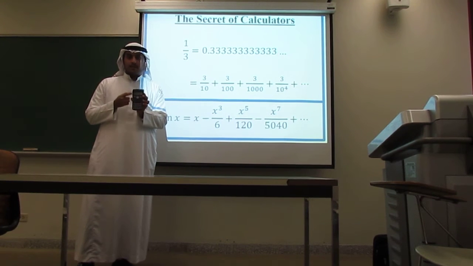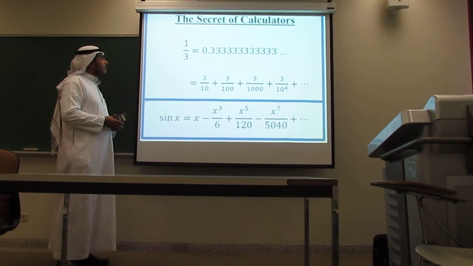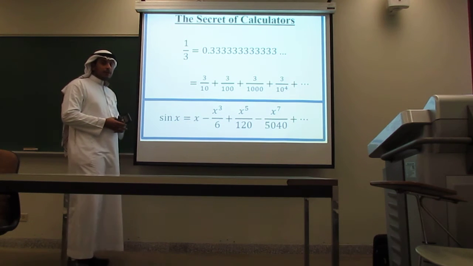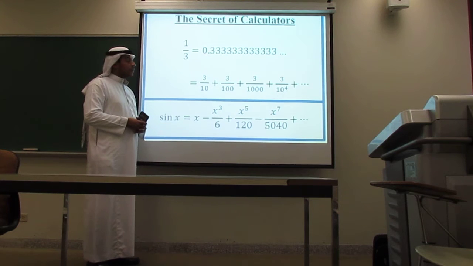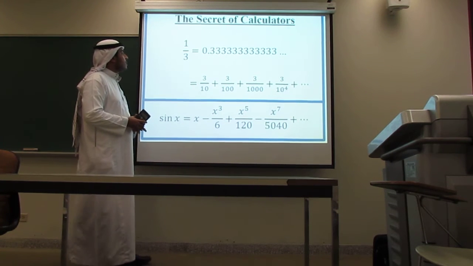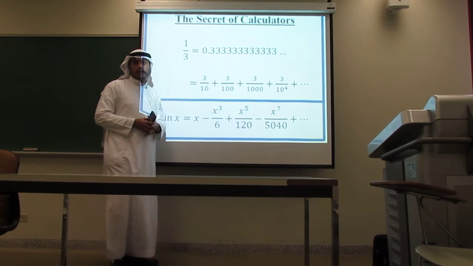To understand the secret of this, we look to the board, where we have the number one third. The number one third can be written as 1/3, and it has another representation, 0.333, and we keep writing like this.